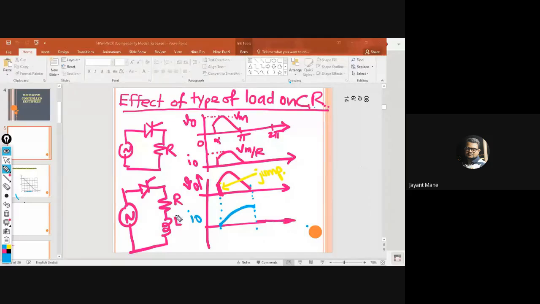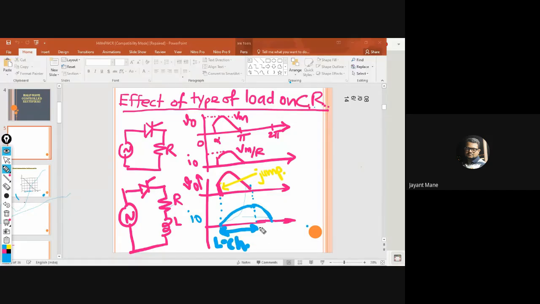And as inductor loses energy, the current is dropping. So it is like this. Now, we can say that during this period, inductor is charging.